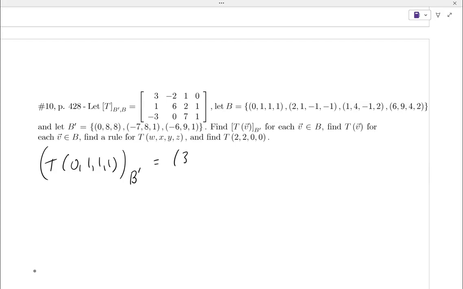Yeah, it has to be the 3, 1, 3, right? Remember we put them down as columns, don't we? When we apply the transformation to the first vector and find the coordinates with respect to the output basis, the codomain basis, we put it in as the vector here, right? In that first column.